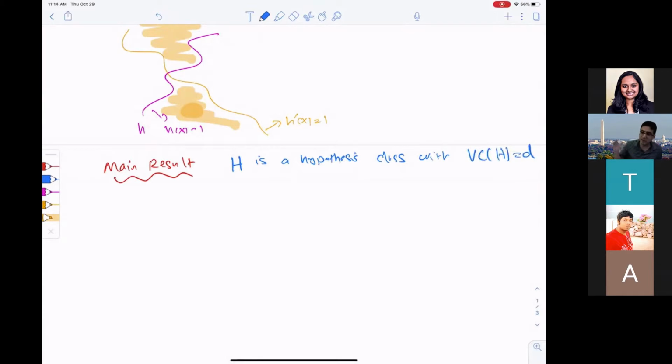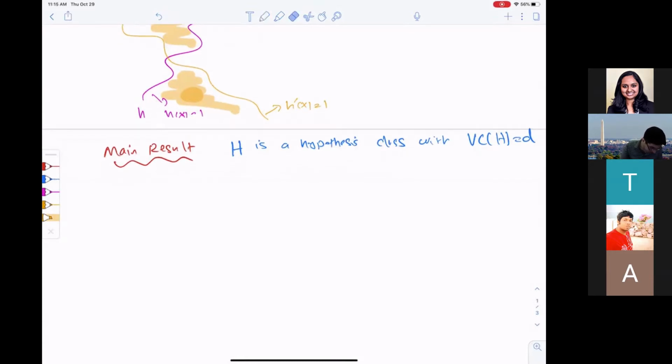VC dimension is the size of the largest set of points that H can shatter. We are given, let's say, unlabeled samples from the target, and we have labeled samples from the source. Again, for simplicity, assuming I have the same number of samples from source and target.